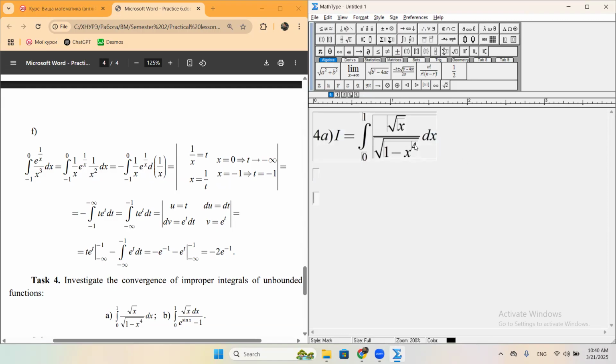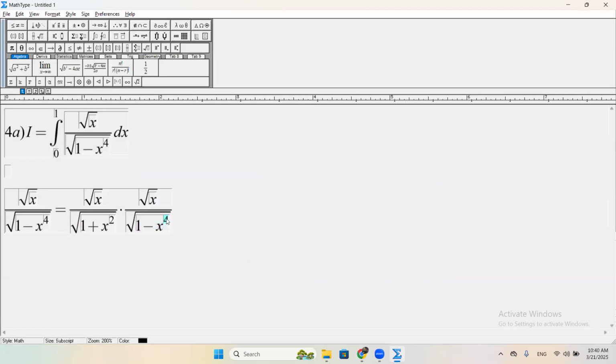First of all, let's rewrite the integrand in the following way. Here plus x squared and here minus x squared, and here will be 1. Then we can also write this product as a sum as well as a difference of squares.